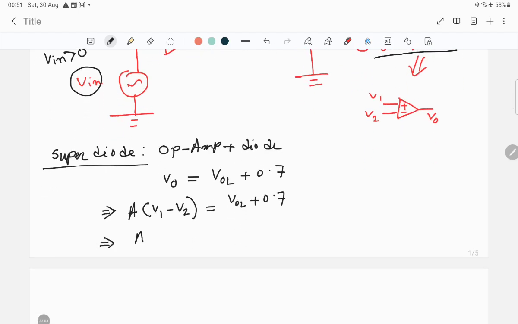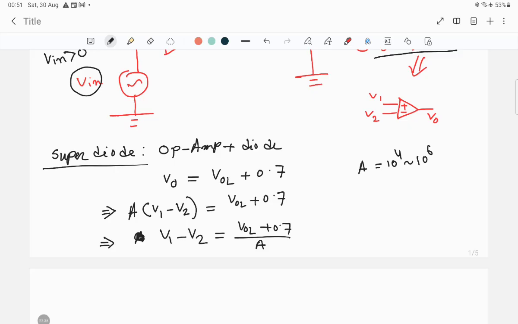So if we find V1 minus V2, it will be (V0L plus 0.7) divided by A. We already know the open loop gain A is about 10 to the power 4 up to 10 to the power 6 or 10 to the power 5, depending upon the model number of the op-amp.